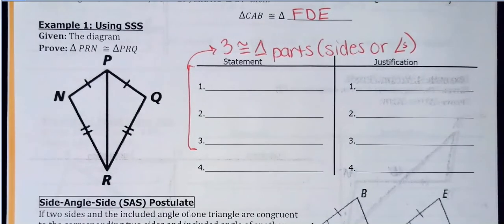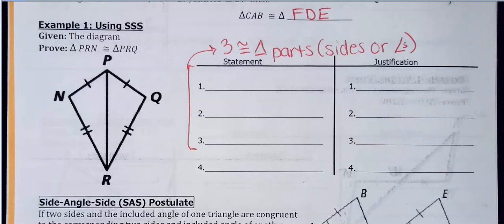We can get that information from the diagram, or maybe they give us information they don't mark in the picture. So the first 3 steps should just be either sides or angles, like how do I know these pieces are congruent to each other? For the rest of the proofs we're going to do, you will only need 3 pieces, either sides or angles, and that's what we're going to talk about today, to show that 2 triangles are congruent.